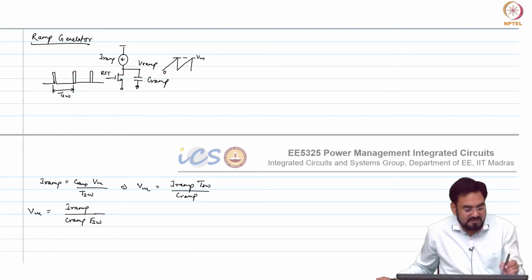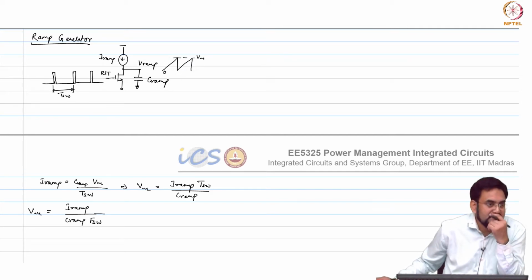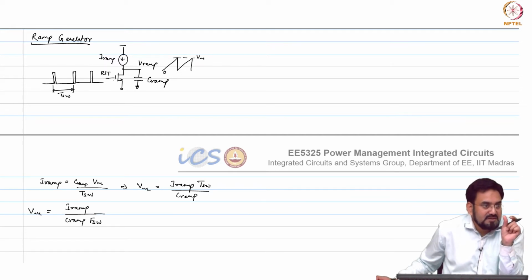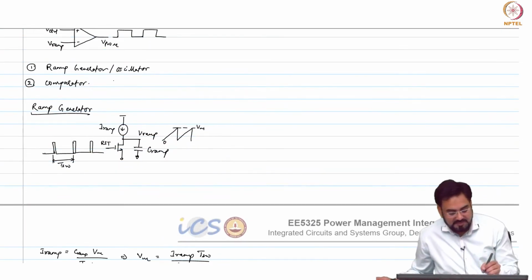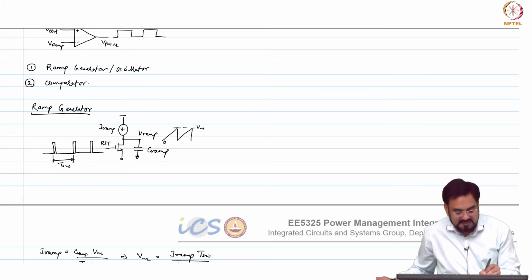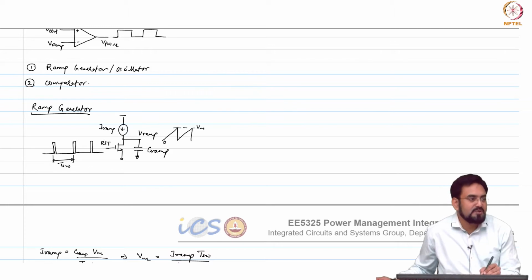Whatever the pulse width of this, you have to make sure that the switch should be able to discharge to 0 within that time, and that will be the reset time. If you are looking for your PWM only controlled by this RAM, then this reset should be a very small portion of that.